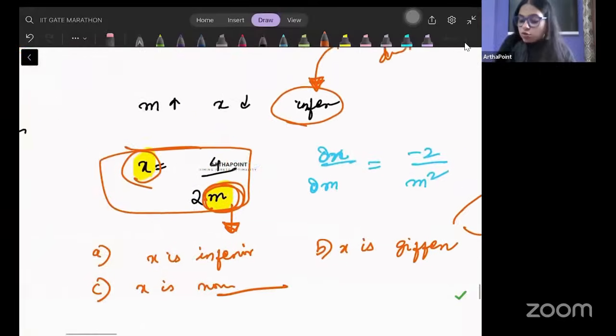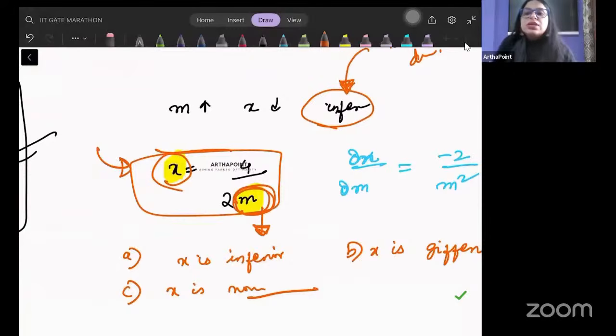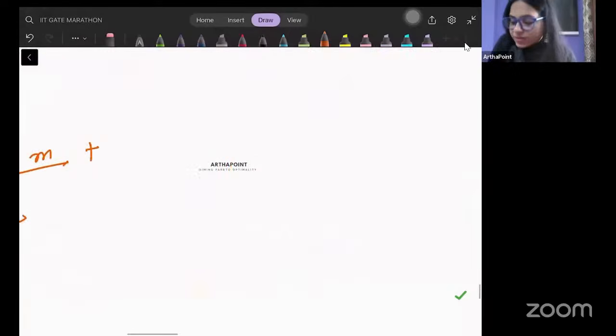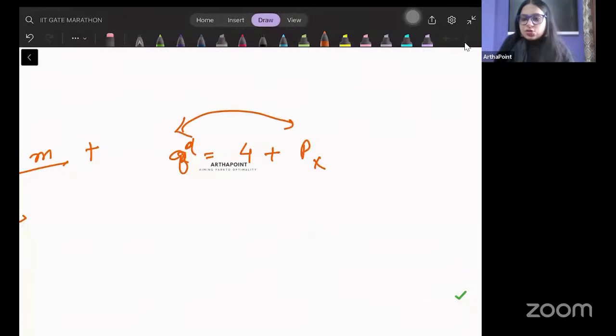So just by looking at this equation, I cannot say that this is a Giffen good also, right? But if the reverse is true, if you tell me that the demand of X is given such that the quantity demanded is equal to 4 plus PX, then I know that there is a direct relationship between price and quantity. This is a Giffen good.